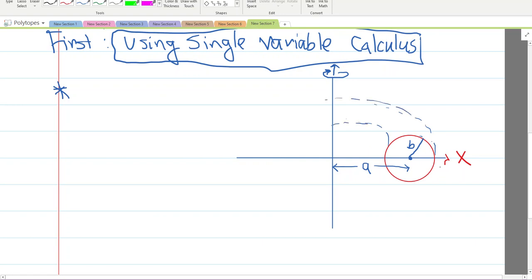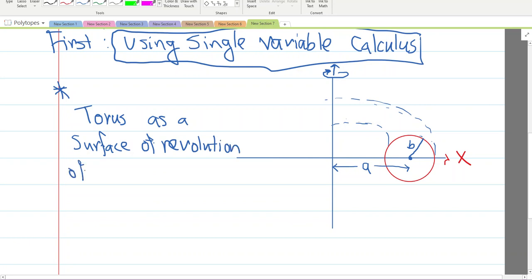So the torus we can think of as the surface of revolution of this circle about the y-axis.